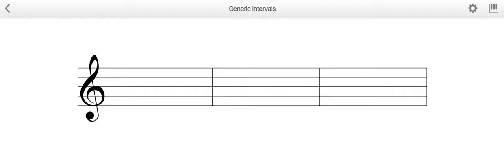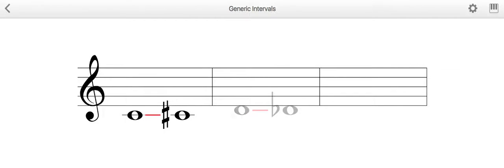When we're measuring generic intervals, we're just talking about the size of the interval, the distance. We're not worrying about whether it's C sharp or D flat or something like that. We're just measuring the size.